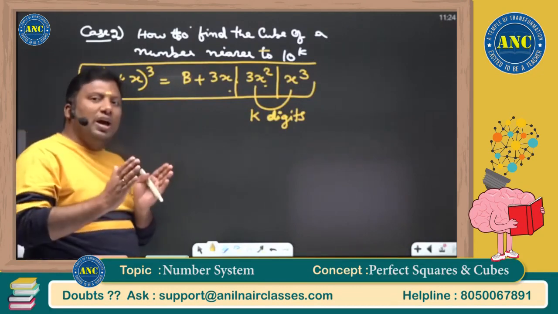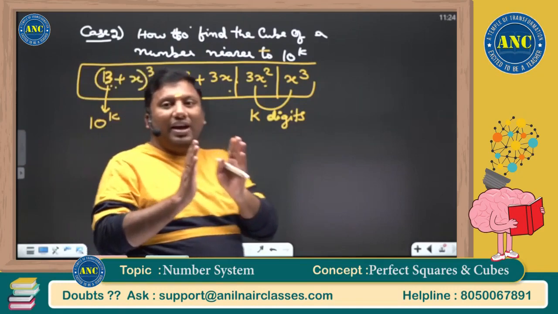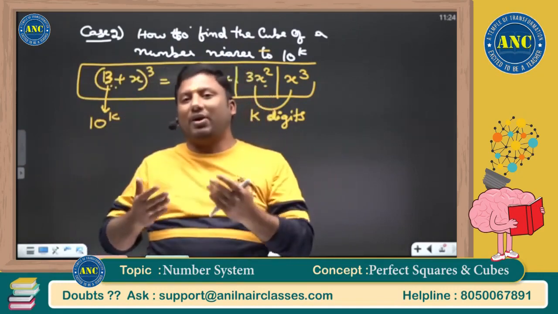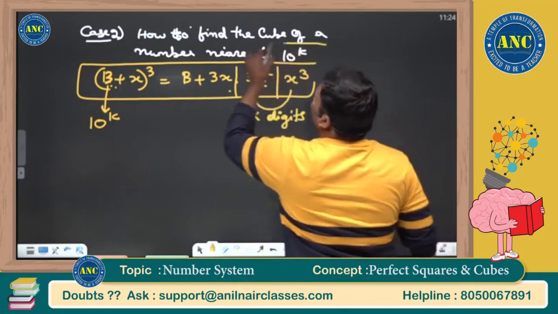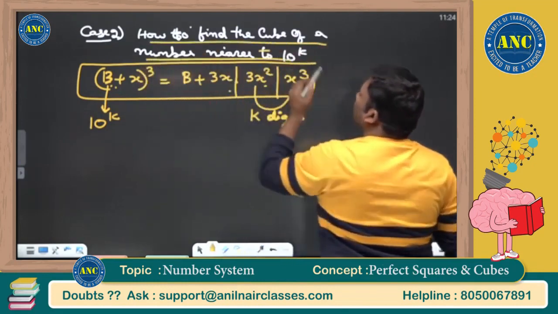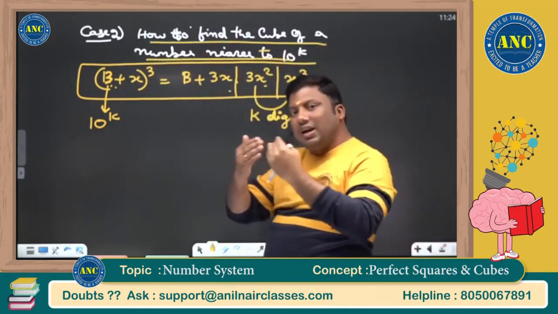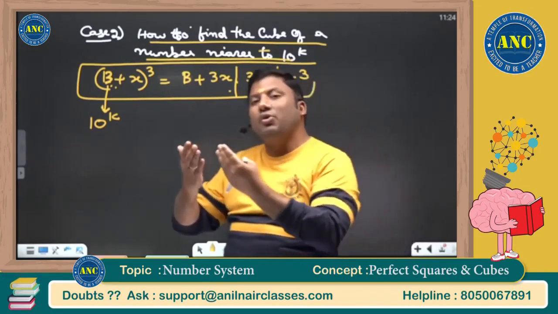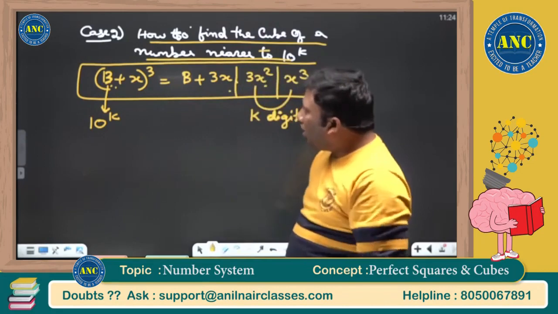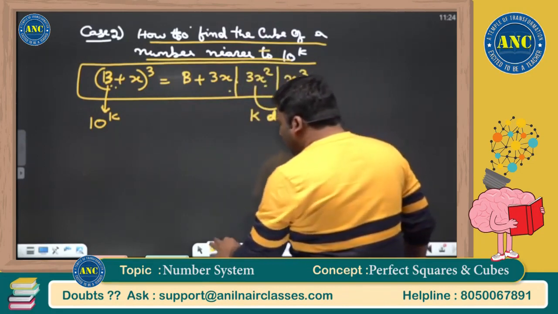It is similar to (a plus b) whole cube, where a is taken as a power of 10. This concept also helps us find the cube of a number near 10 power k: greater than 10, less than 10, greater than 100, less than 100, greater than 1000, less than 1000, and so on.